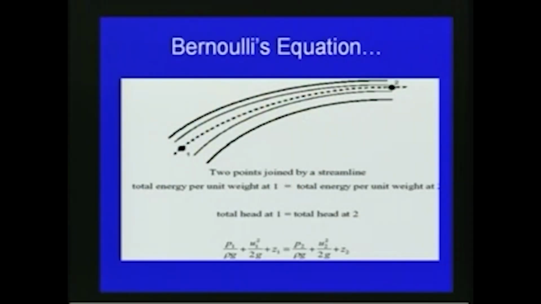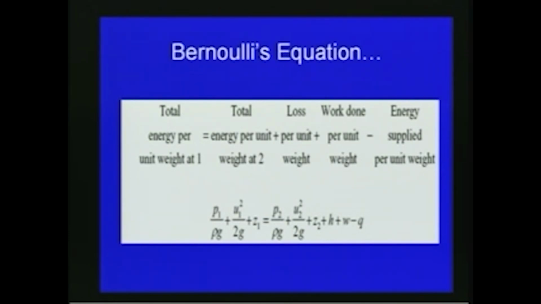This way also we can derive Bernoulli's equation, and we have seen this between 2 points: total head at 1 is equal to total head at 2, if you consider 2 sections in a pipe flow. We can utilize this principle in many forms, including considering the total energy of the system, including the work done per unit weight or the energy supplied per unit weight, as you can see in this slide.